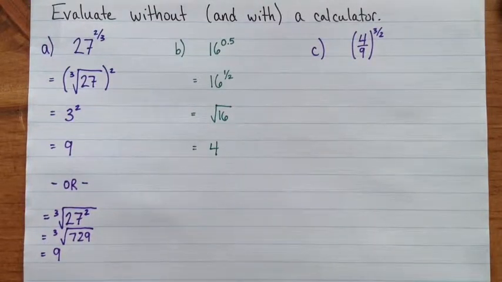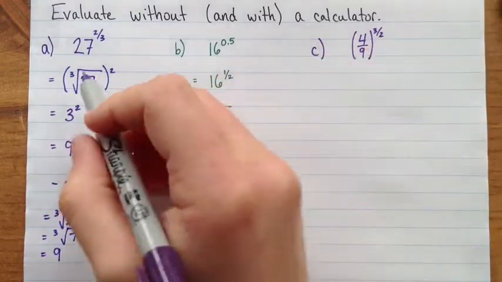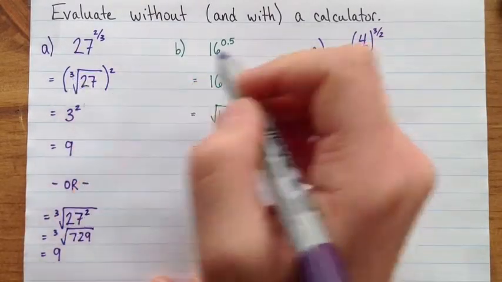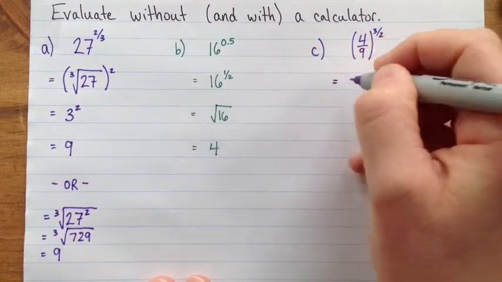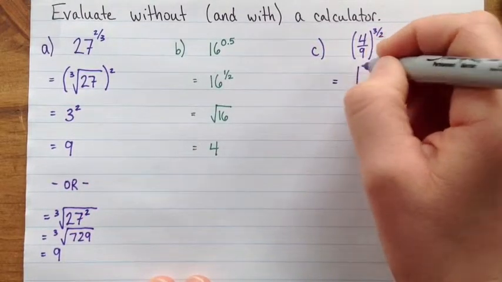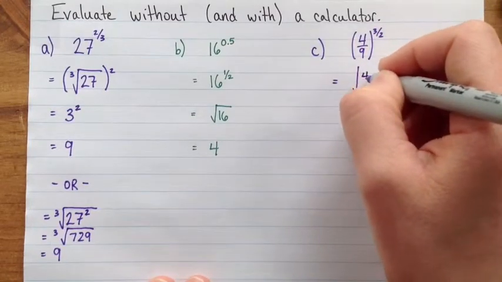Okay, and then the third, we have 4/9 to the exponent 3/2. So for the same reason as over here, I'm going to do the root first, because it'll keep my numbers smaller and easier to work with. So this is going to be a square root, because the 2 is the denominator, of 4/9.